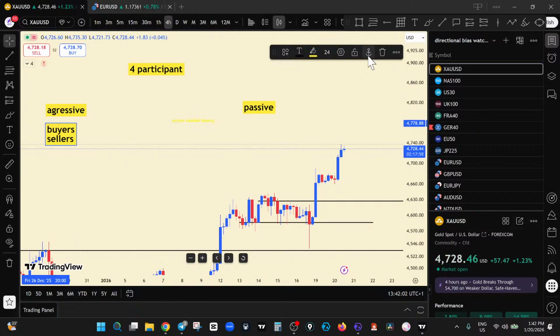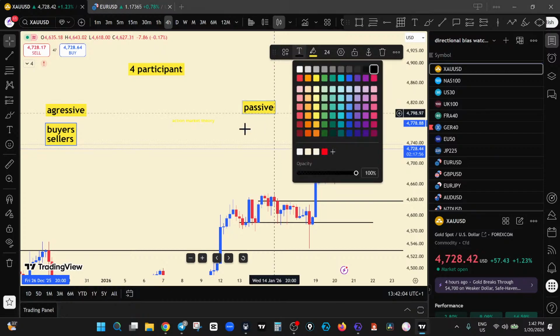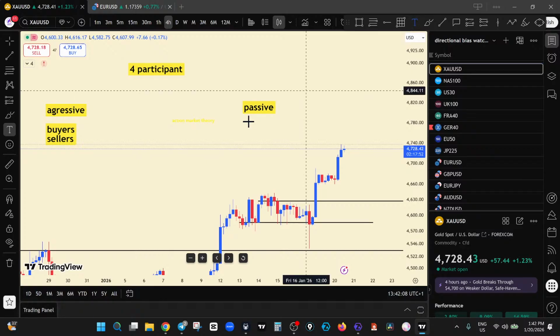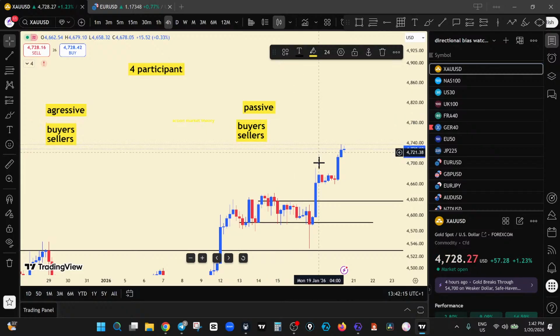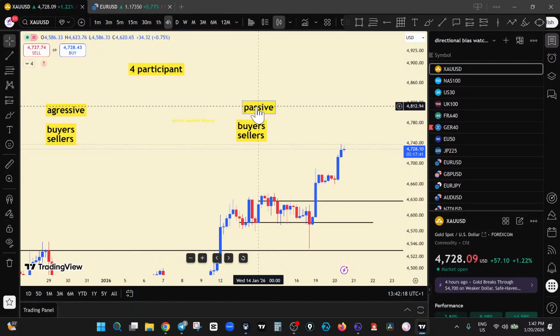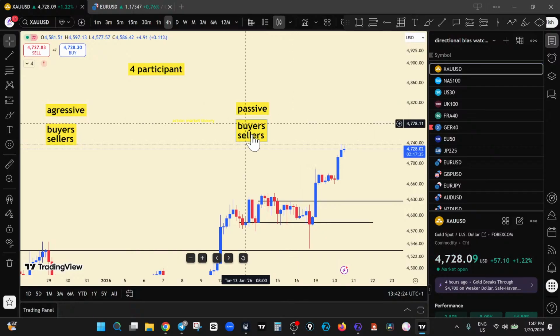Now, the second category are passive buyers and sellers. What does this mean? These are people who attempt to buy or sell using limit orders.